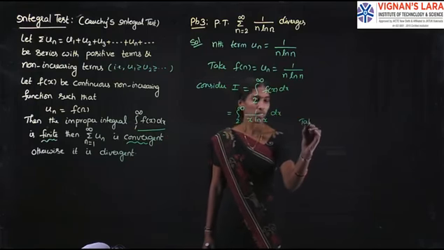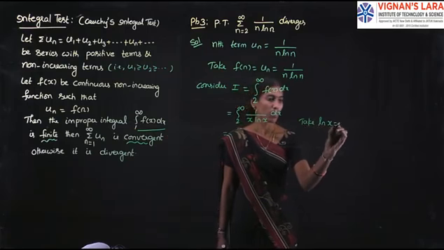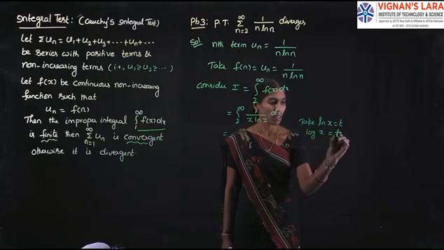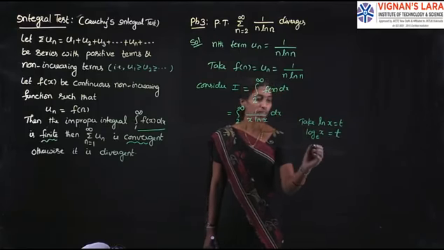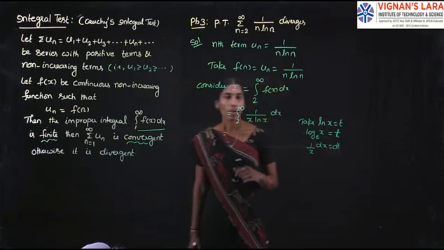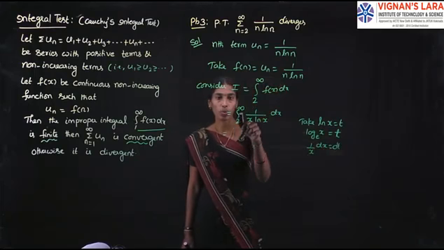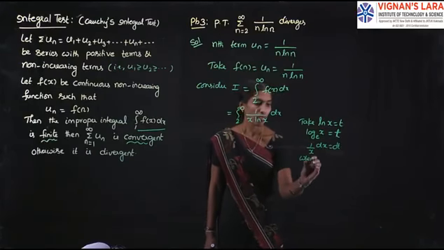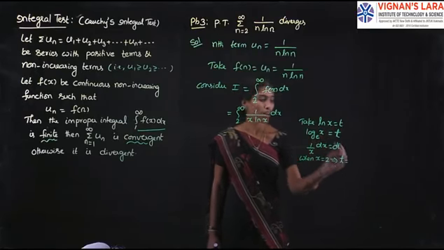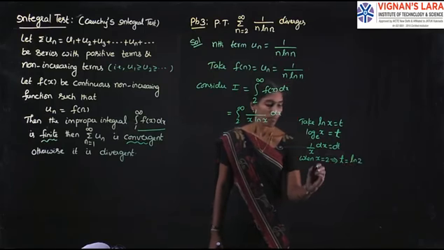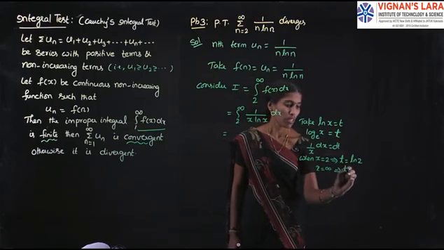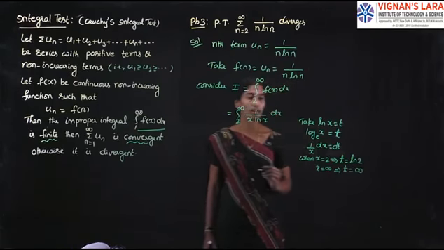So take ln of x is equal to t, which is the same as log x is equal to t. Its derivative is 1 by x dx is equal to dt. What about the previous limits? The limits are 2 to infinity. When x is equal to 2, t becomes ln of 2. When x is equal to infinity, t becomes ln of infinity, which is infinity.